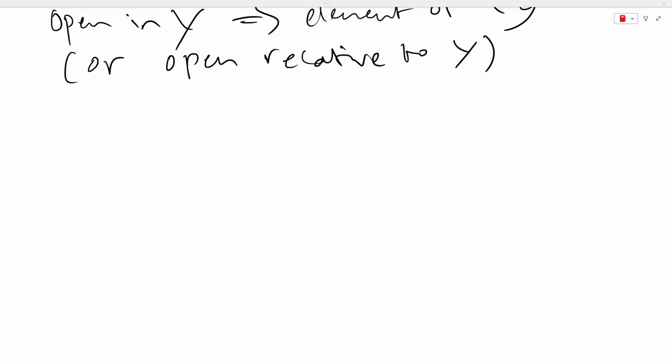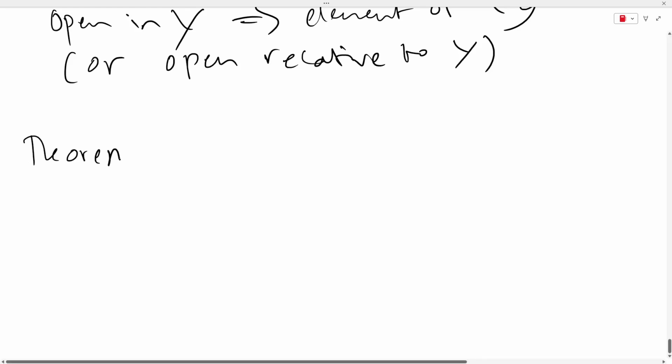Before moving on to examples, let's introduce some more stuff that we can work with. Apparently, you can also have products of subspaces. So here's another theorem, because this is important.